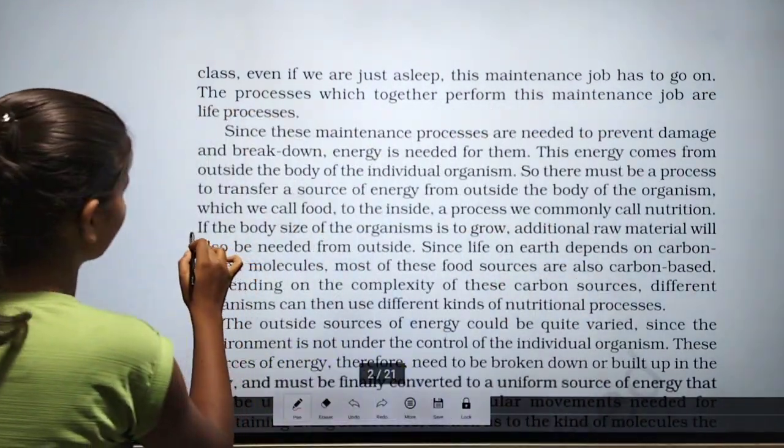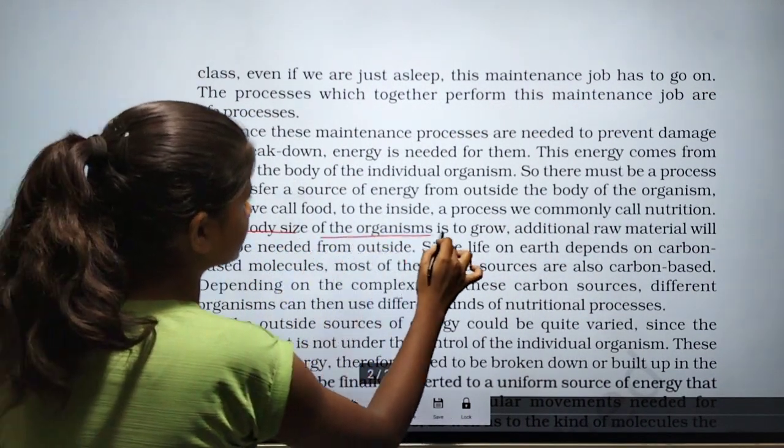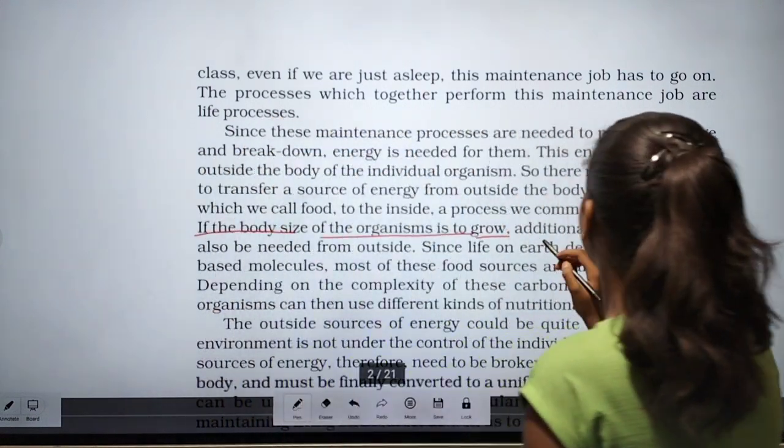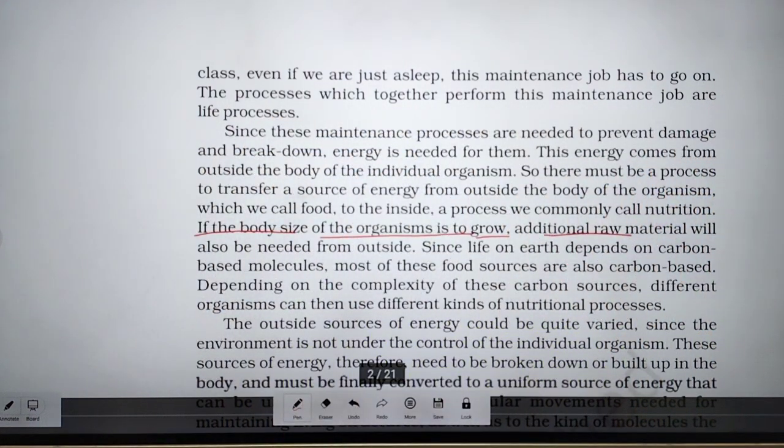If the body size of the organism is to grow, additional raw material will also be needed from outside.